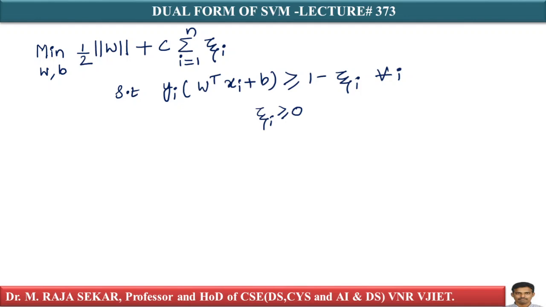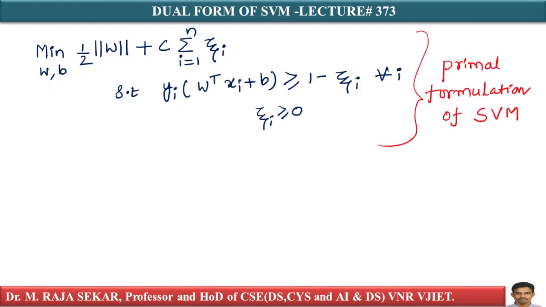This is the formulation we saw. This formulation is often called the primal formulation of support vector machines. Remember, this is soft margin SVM.